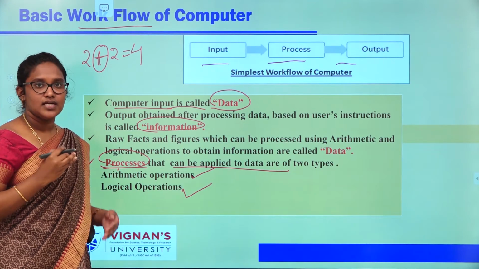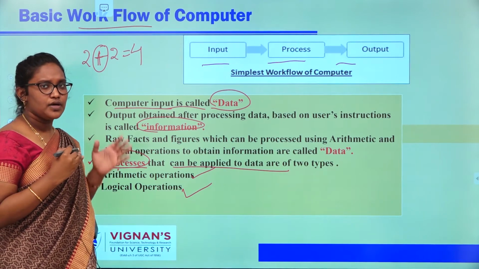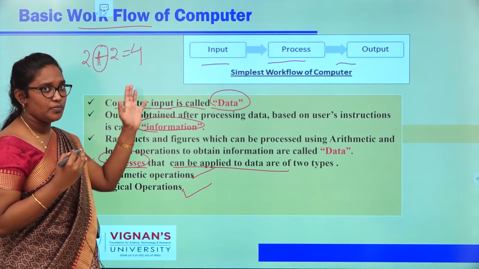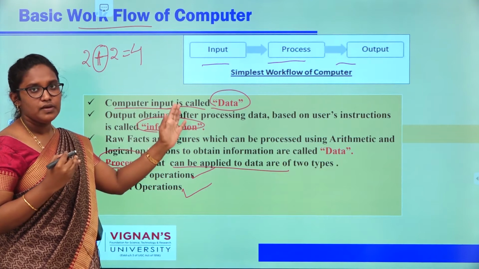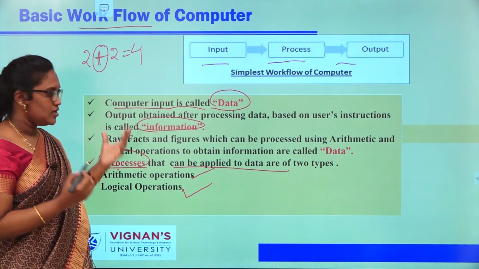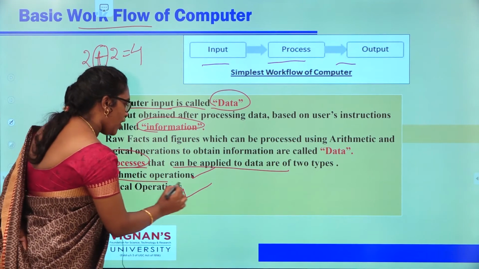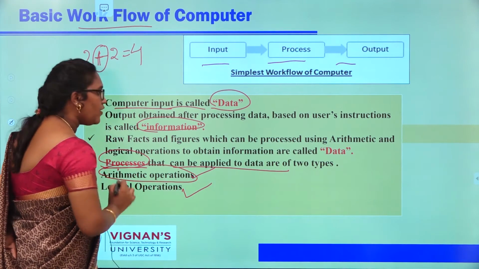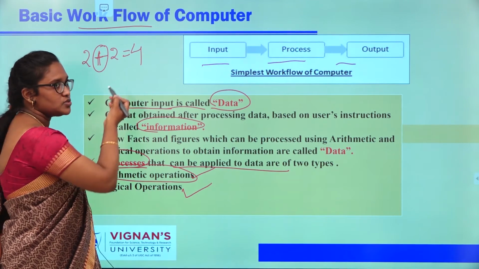Whenever you are performing addition, subtraction, multiplication or division, we call it an arithmetic operation. Arithmetic operation is performed between any 2 numbers.